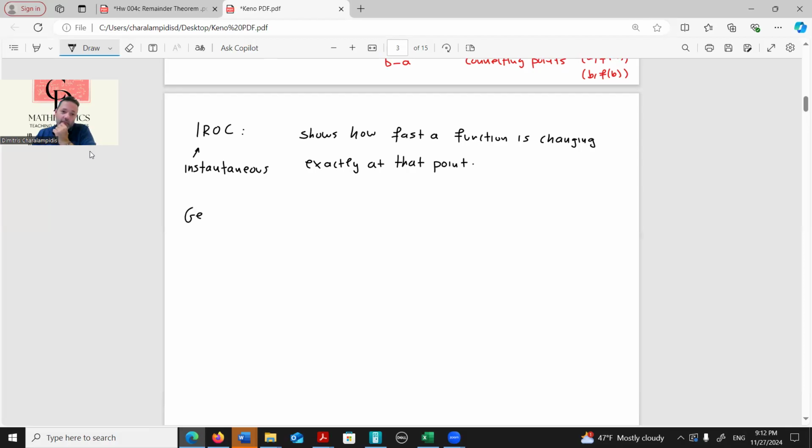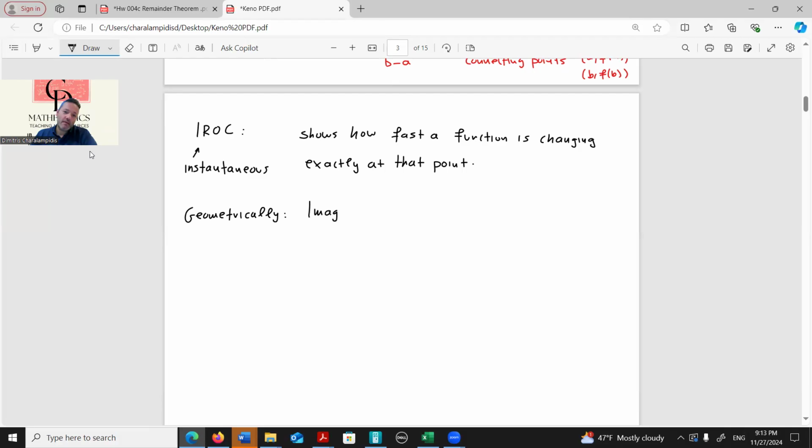Geometrically, we've said that with regards to the average rate of change, we should think of that as the slope of the line connecting these two endpoints. Now, for the instantaneous rate of change, geometrically, we should do the following.